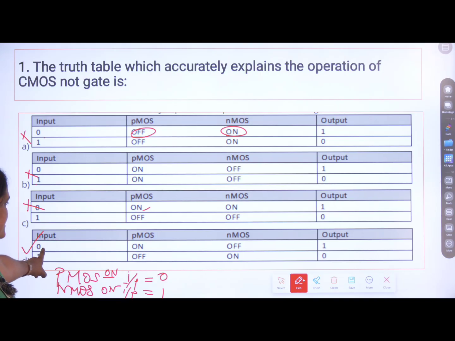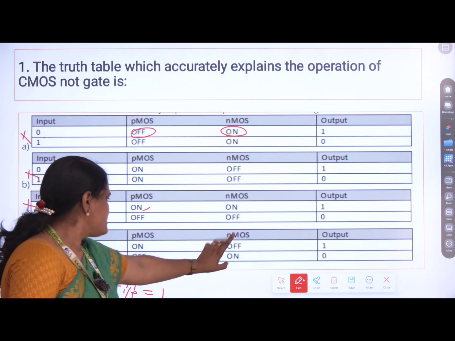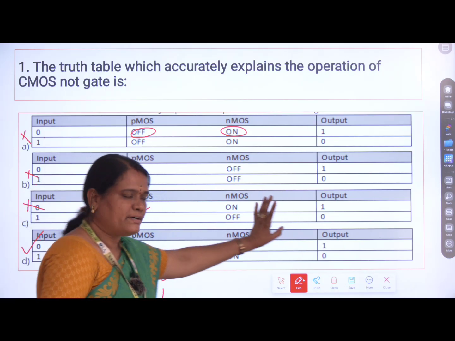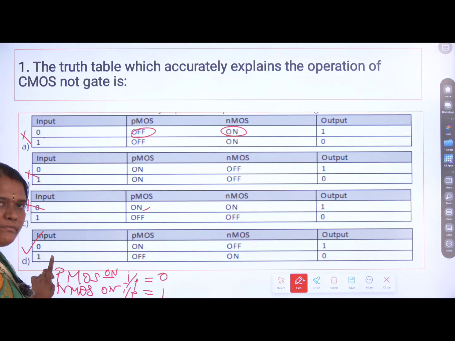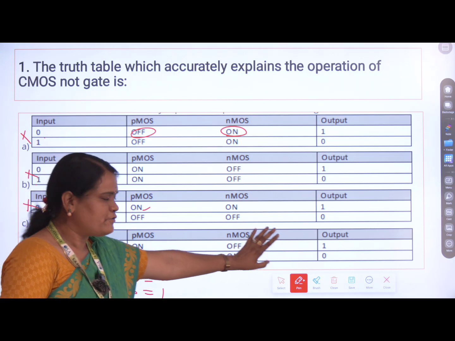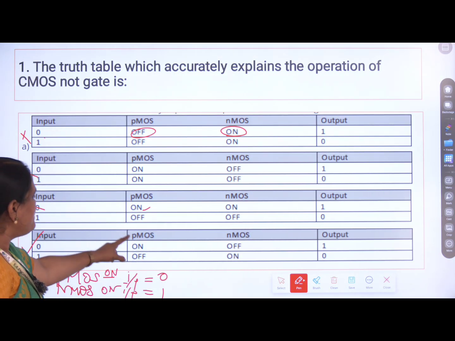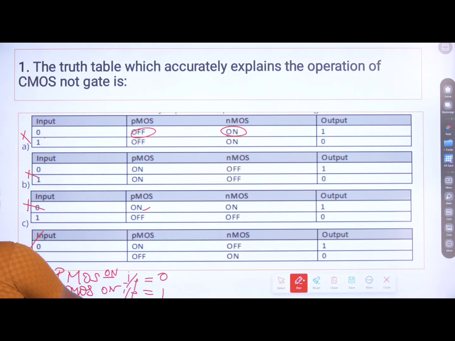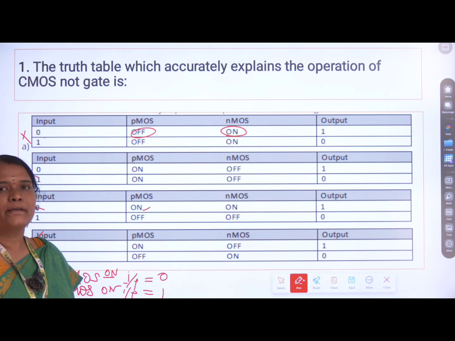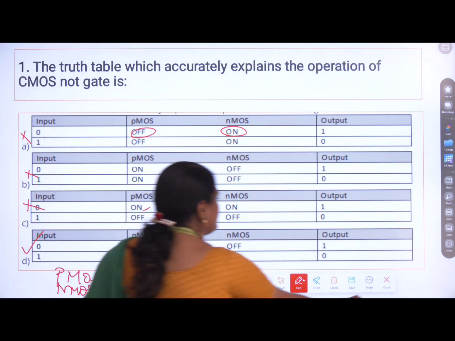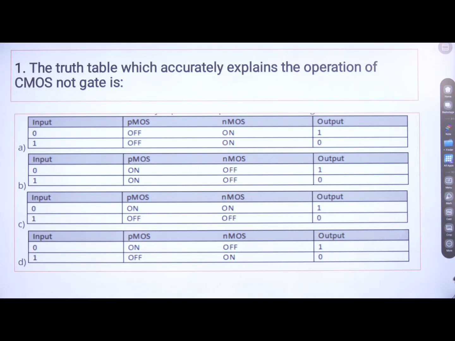Why? Input is 0, PMOS is on, NMOS is off. Output will be inverted. Next, for input 1, output should be 0. Yes, of course, it is as it is. PMOS is off, NMOS is on. So, this is the option explaining the operation of an inverter. Next question.